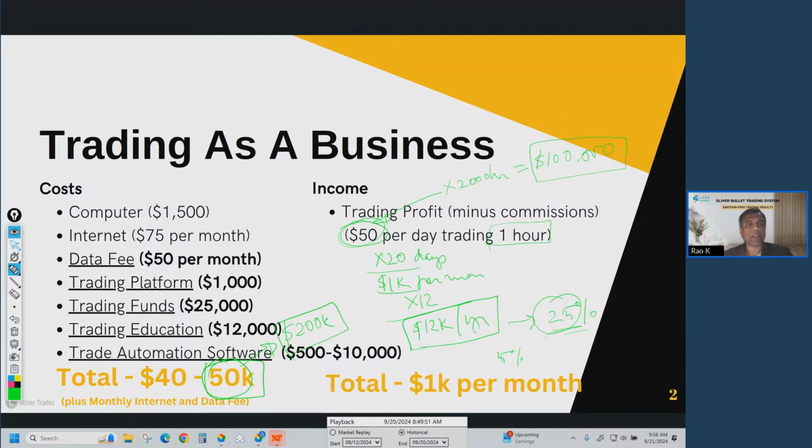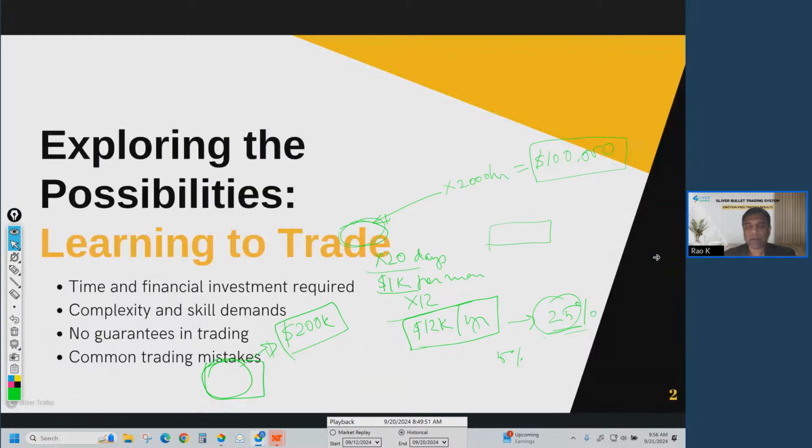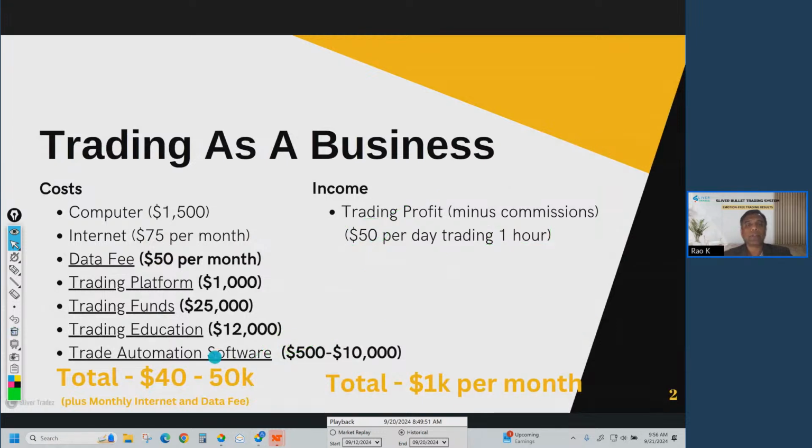Now, let me get to the next slide. Later in the presentation, I'm going to show you how it's possible to reduce this investment by 90%, to just 1/10, meaning if we can show you how to bring it below 5K one time, and then increase this 1K per month by 10 times, meaning 10K per month, or maybe more.